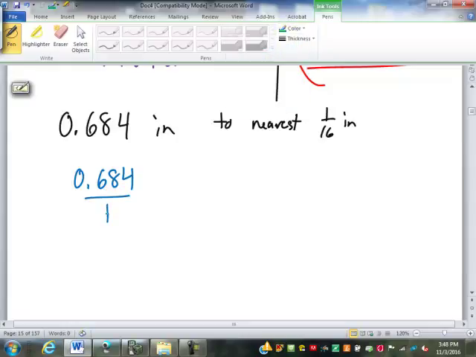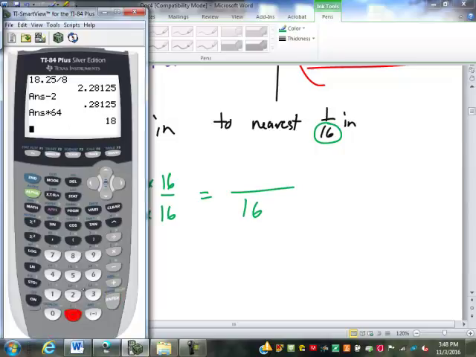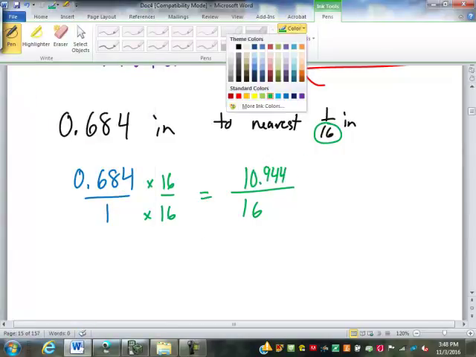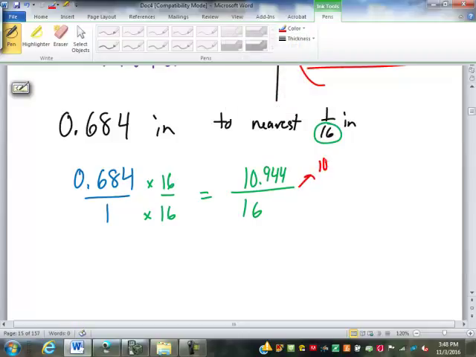Right now, it has a denominator of 1, and I want it to have a denominator of 16. So I multiply by 16 on top and bottom. Gives me 16 on bottom. 0.684 times 16. 10.94. So what that's telling us is that this is between 10/16 and 11/16.